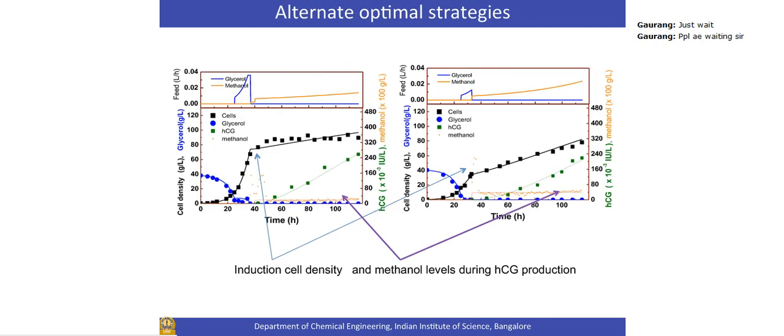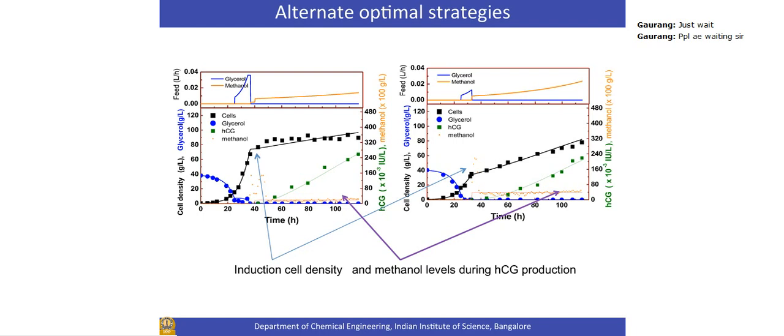How does the typical fermentation look in this solution? We get two kinds of possible solutions which give you the maximum protein. In one case, you allow cells to grow for a certain amount of time.